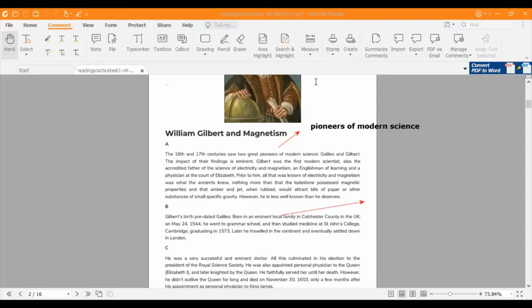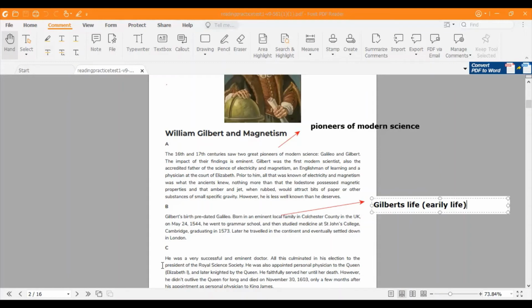Exactly. So you can write Gilbert's life, or early life. That's it. Just read the first sentence only.